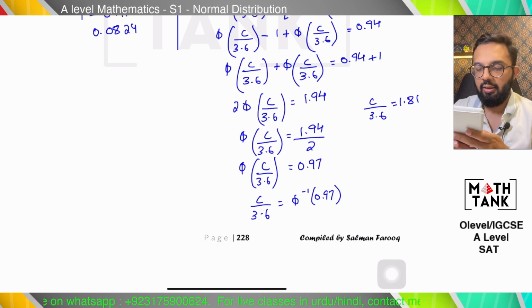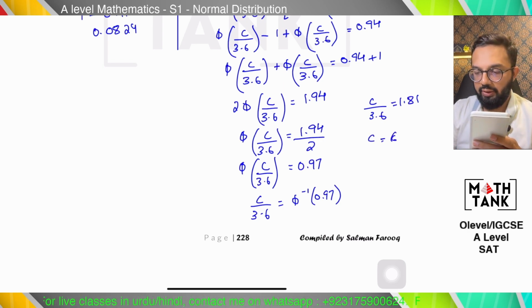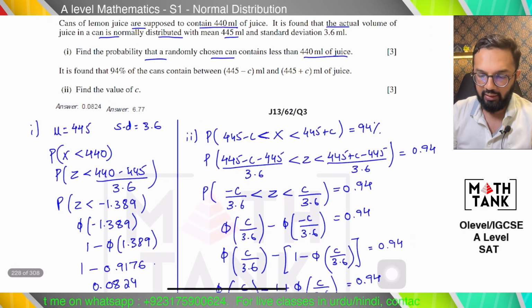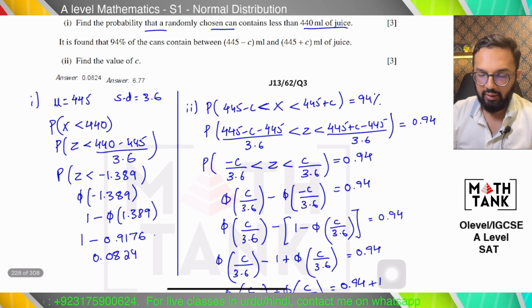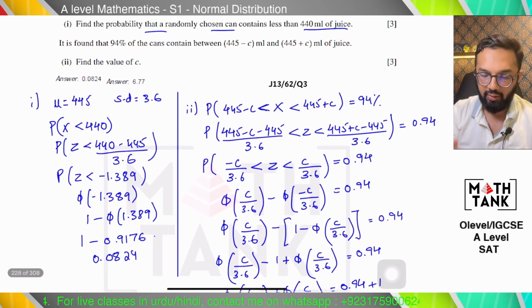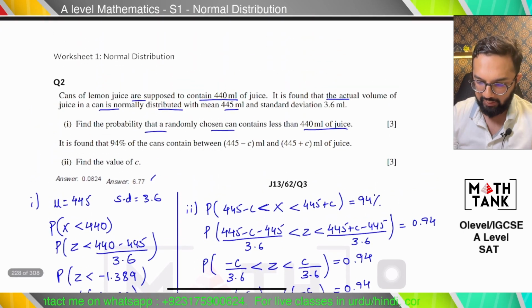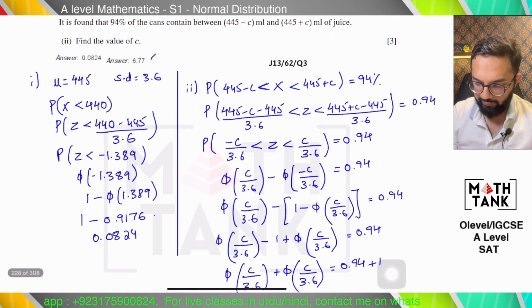But c is 6.516. Let's see what the question was asking. Find the value of c. Okay, let's check. I might have done something wrong. It says 6.77. Let's see where we made that mistake.